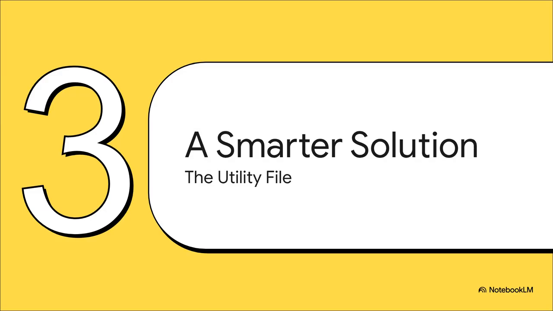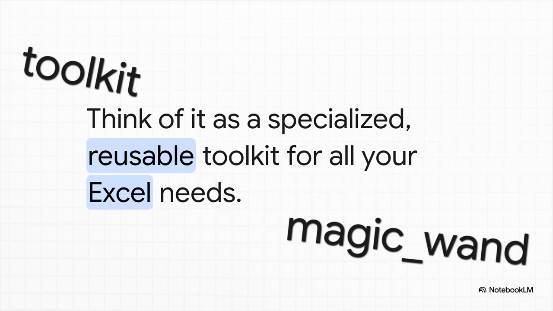So how do we fix this mess? Well, there's a much smarter way, and it's built around this really elegant idea called a utility file. Think of it like this. Instead of building your own hammer and screwdriver for every little job, you create a dedicated toolkit, a single specialized toolkit just for dealing with Excel. All that code for opening files, reading cells, writing data, it gets pulled out of your tests and put into one central place where any test can use it.